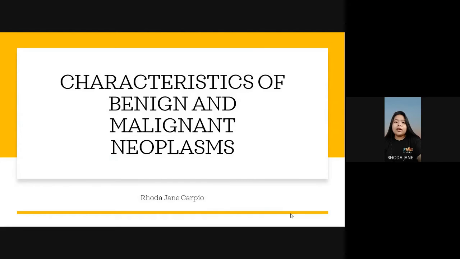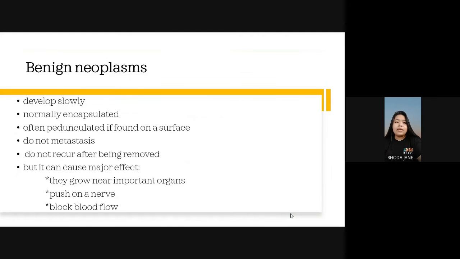Let's talk about the characteristics of benign and malignant neoplasms. Benign neoplasms develop slowly, are normally encapsulated, are often pedunculated if found on the surface, do not metastasize, and do not recur after being removed. They are not harmful unless they grow near important organs, push on a nerve, or block blood flow.